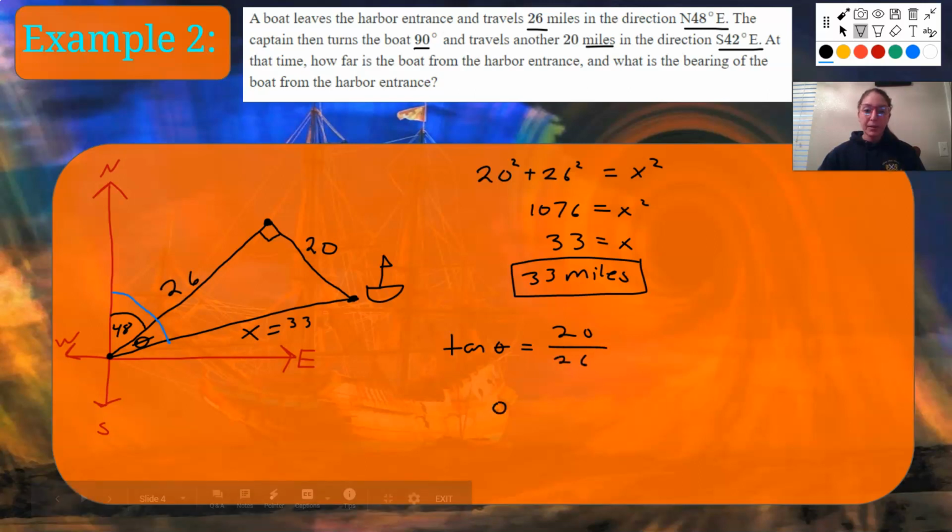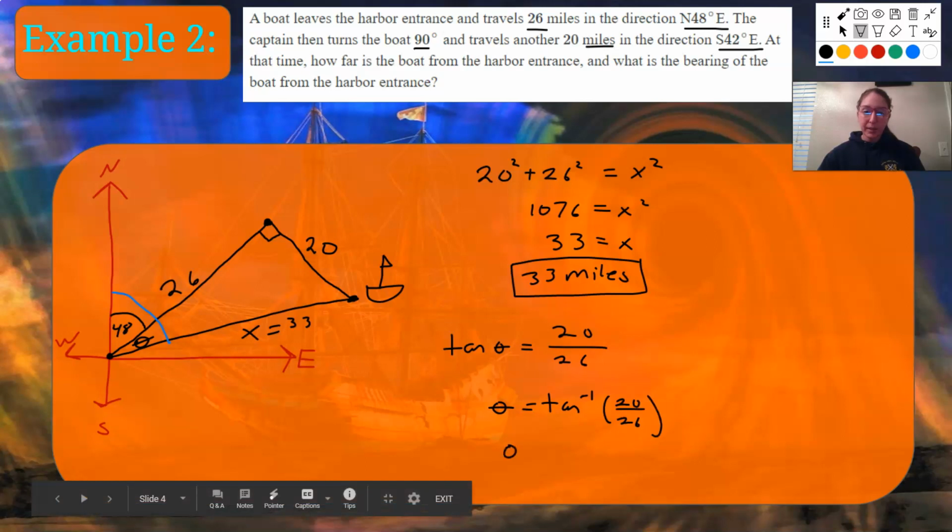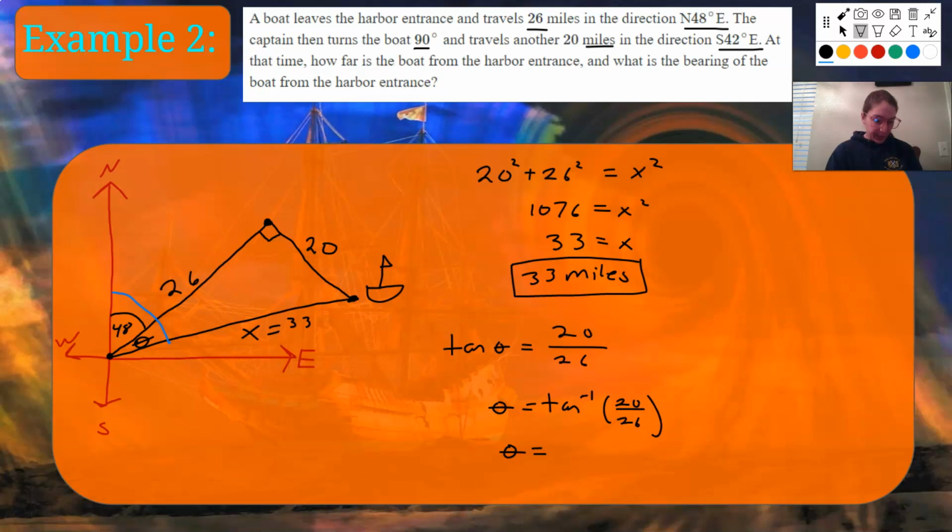I do some inverse trig. So I take now inverse tangent of that, 20 over 26. Throw that into the calculator, and our theta is, to only 2 significant digits, 38.